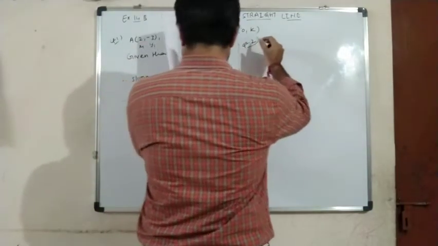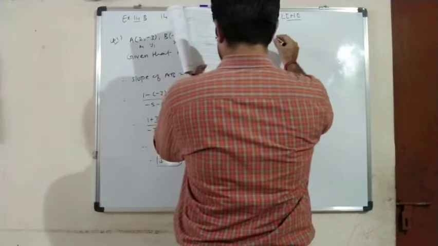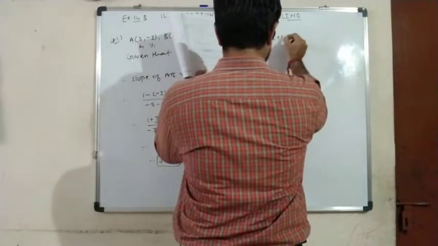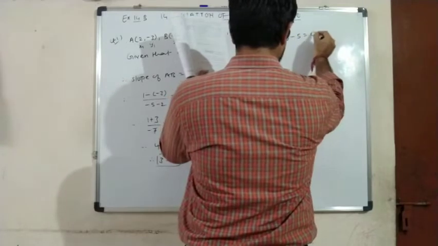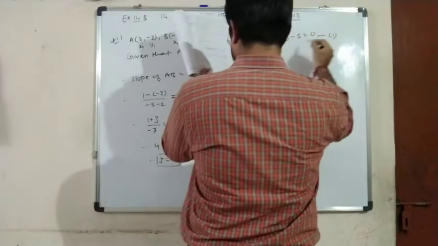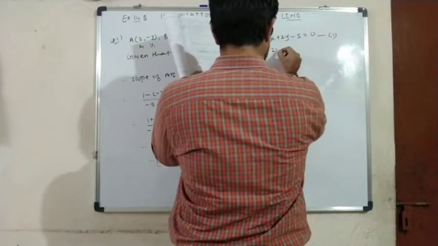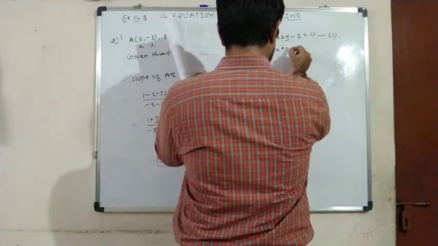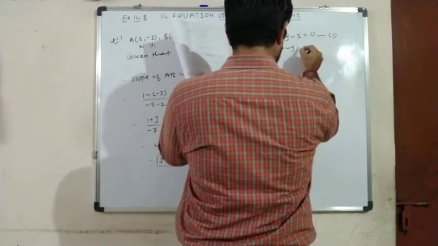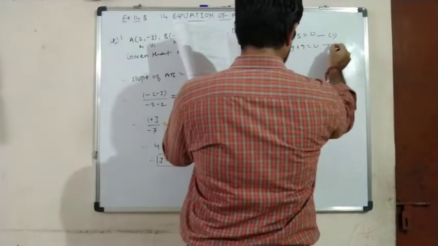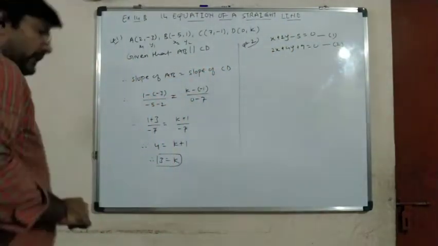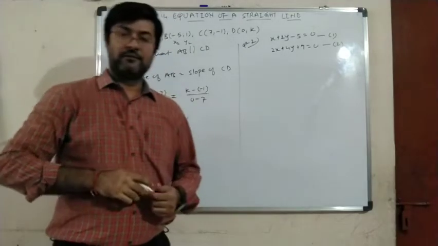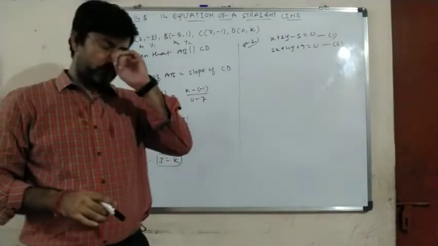Question number 2. The lines x plus 2y minus pi is equal to 0 and 2x plus 4y plus 9 is equal to 0 are parallel. Okay, we know that if the two lines are parallel, their slopes will be equal.